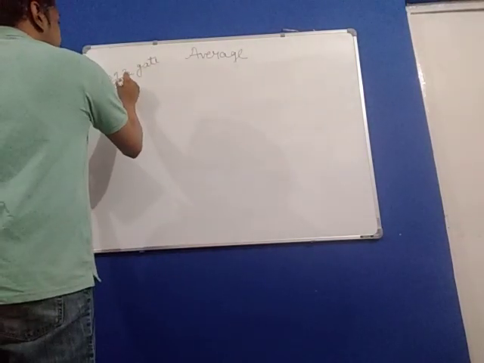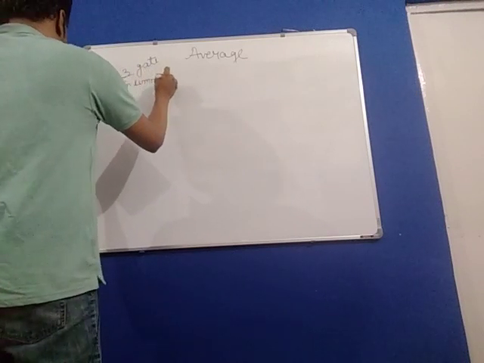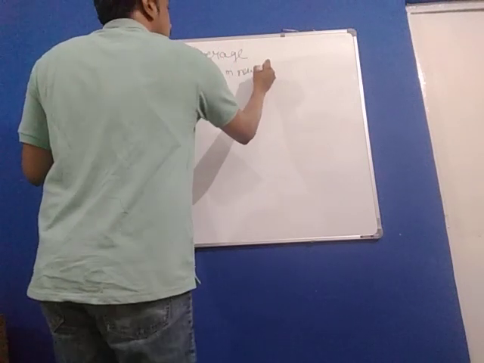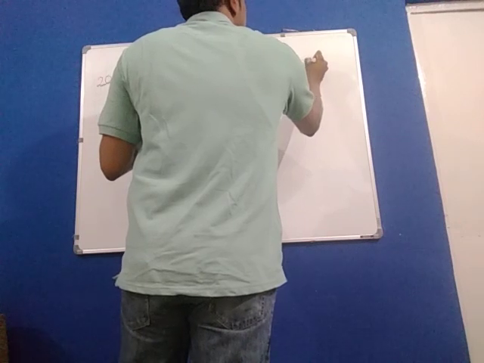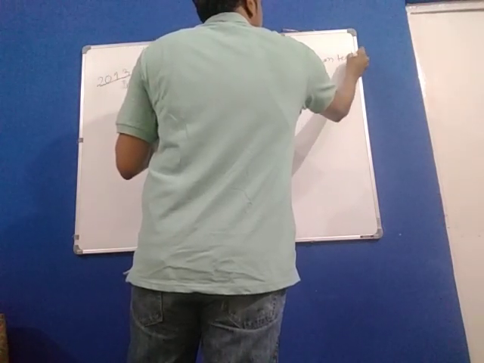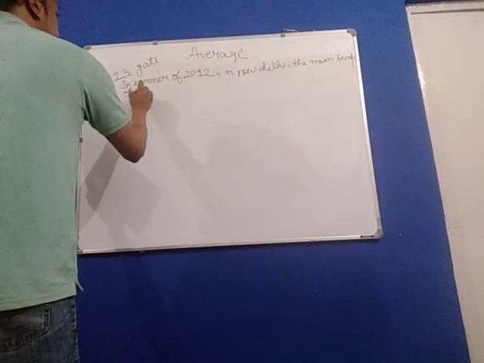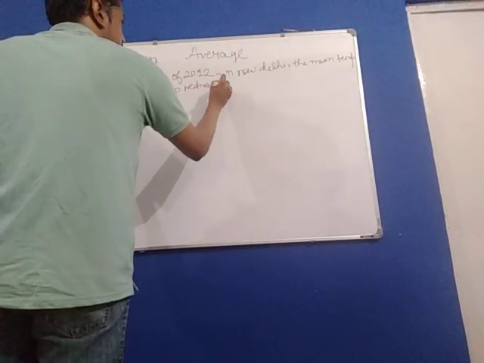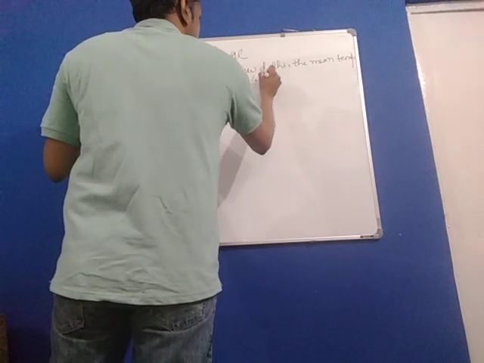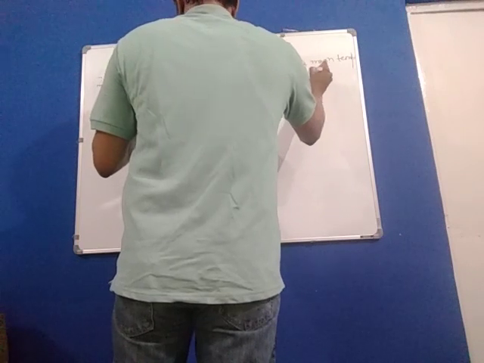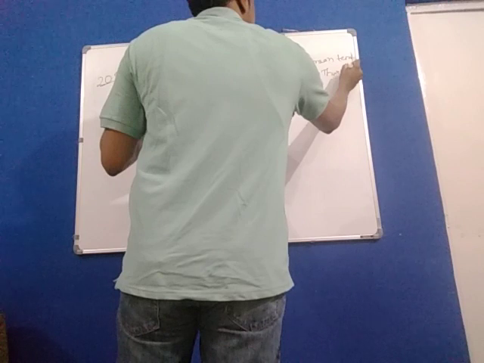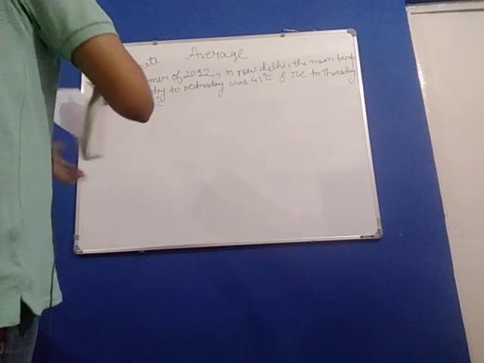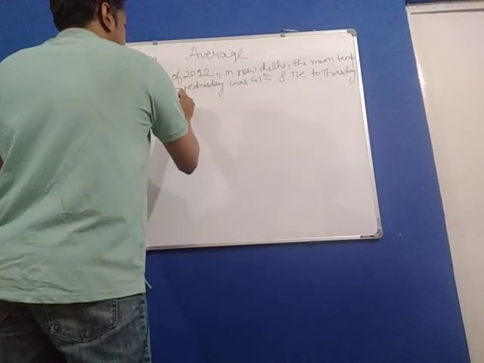The question is that in summer of 2012 in New Delhi, the mean temperature of Monday to Wednesday was 41 degrees centigrade, and Tuesday to Thursday was 43 degrees centigrade.